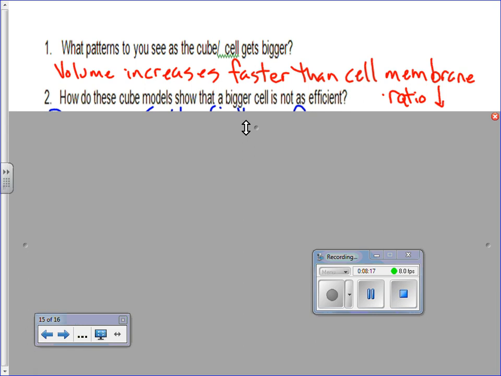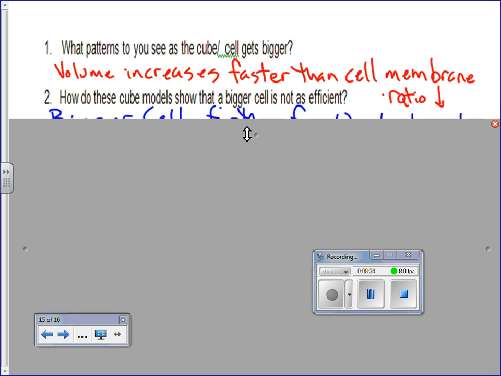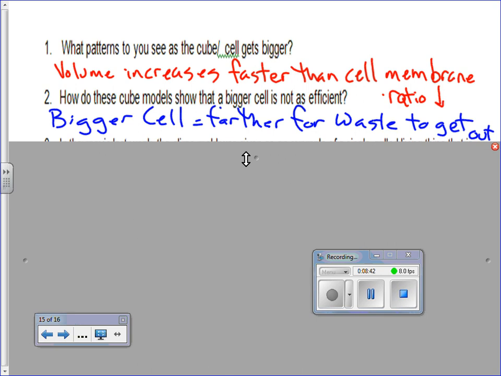How do these cube models show that a big cell is not as efficient? Somebody get that question? Why is the big cell not as efficient? And that's just what we talked about, right? Yeah. Well, because they have less people taking care of the house, less cell membrane to take care of the cell.